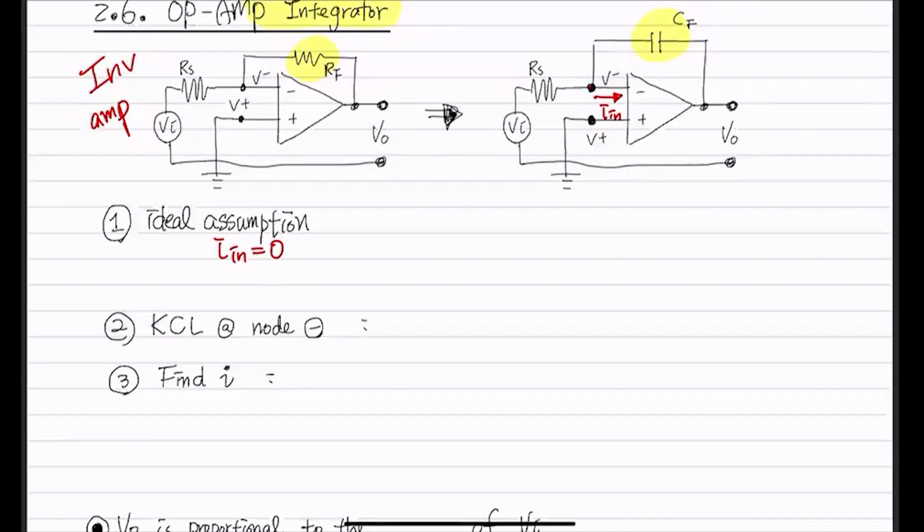And the voltage at these 2 points, V positive, is going to be the same as V negative, okay? And this is only because we have a negative feedback. Okay, so these 2 are the ideal assumptions that we are going to use for finding the governing equation.